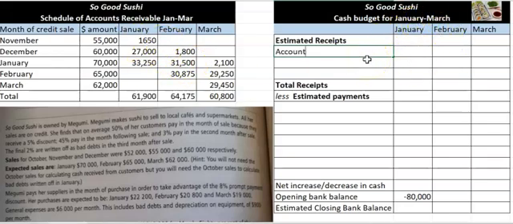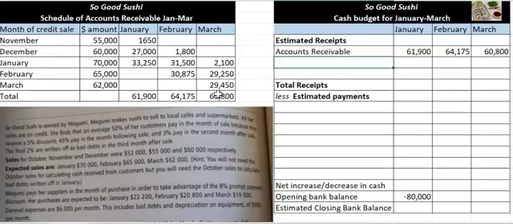Again, in this one, like we said in the last video, we write the name that would appear in the trial balance. And these figures are going to be that one. So what we receive in January from our accounts receivable is that figure. Good, so nice, easy to start with.